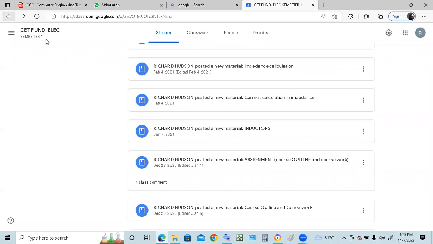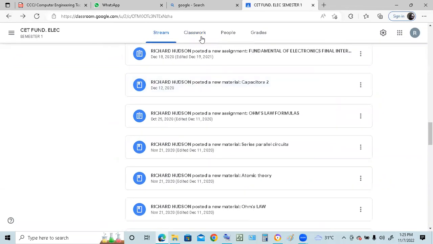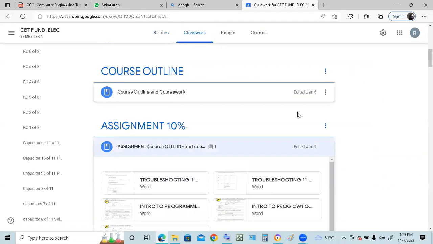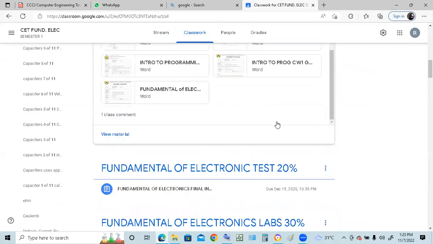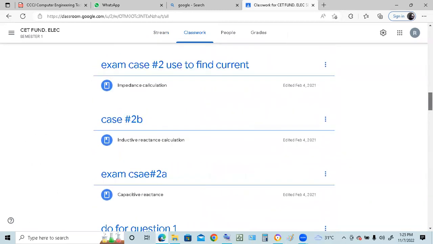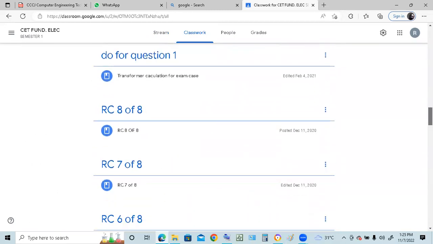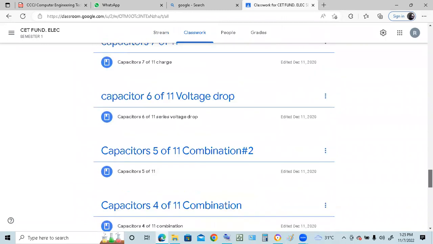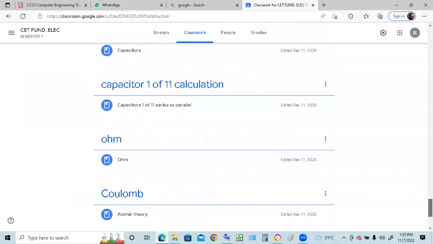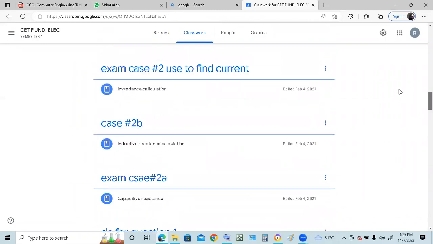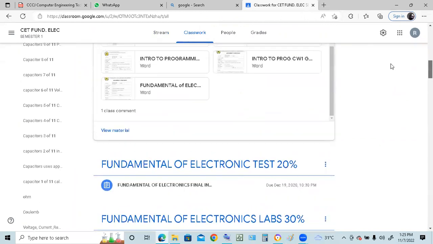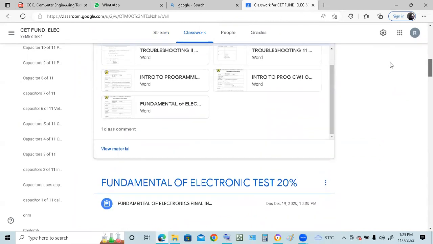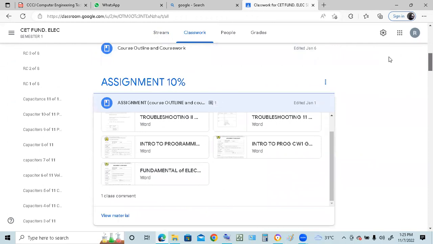Which one am I in? There's an assignment that I sent. Oh, that's what they were saying, that I sent an assignment to the wrong group. So it looked like I sent the assignment to another group, instead of this group, where you're supposed to go and do an assignment. It looks like it's the wrong group I sent the assignment to.